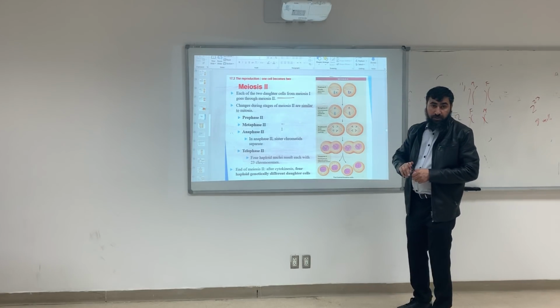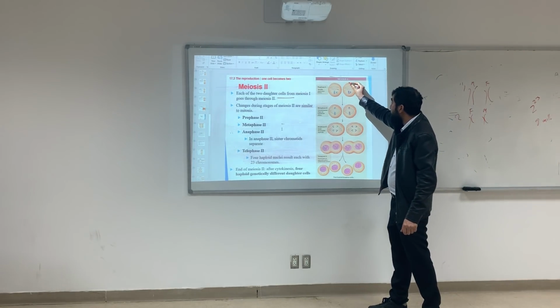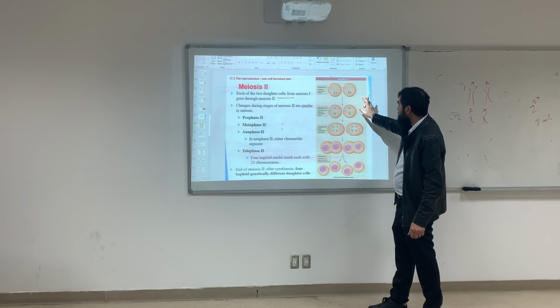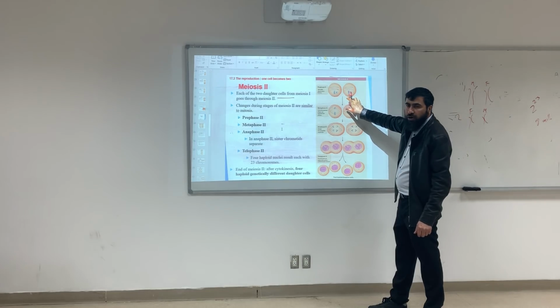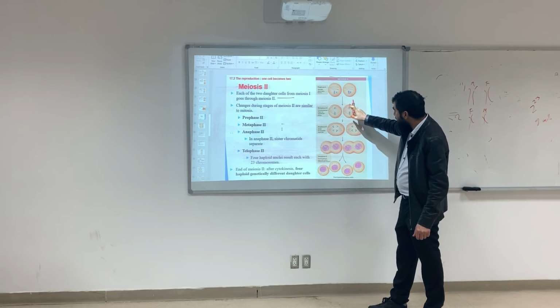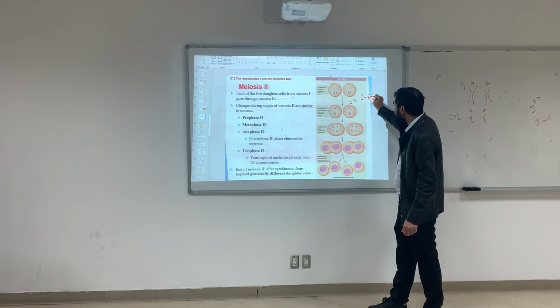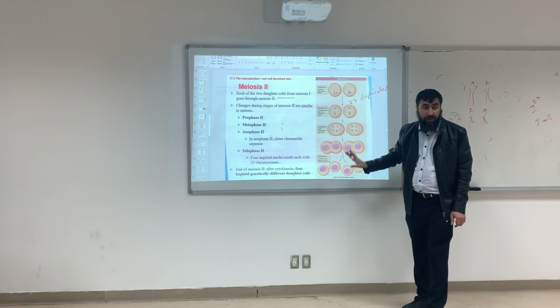So remember these differences. Here we have non-homologous pairs, okay? So you get 23 duplicated chromosomes lining up, and the sister chromatids separate, okay?